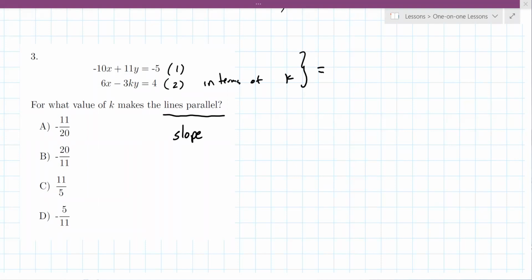Of the first one. Oh wait, no, sorry. Got to divide by 11. It is 10 over 11. Yes, right. So the slope of equation 1 is 10 over 11. And the slope of the second, 6x minus 1.